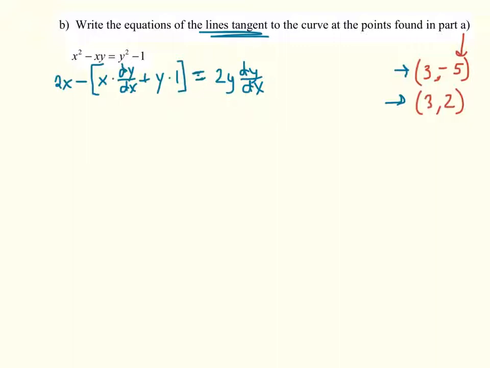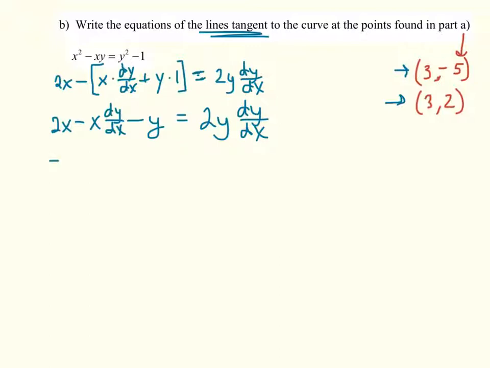All right, so I'm going to distribute this negative right on through here. So I'd have 2x minus x dy/dx minus y is equal to 2y dy/dx. I'm going to collect my stuff on either side.